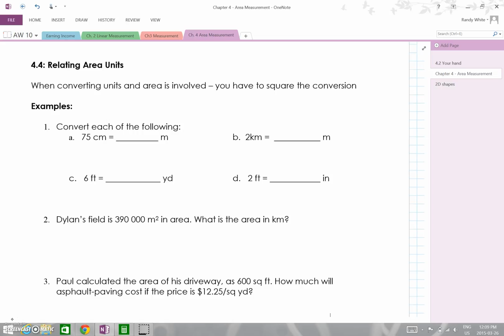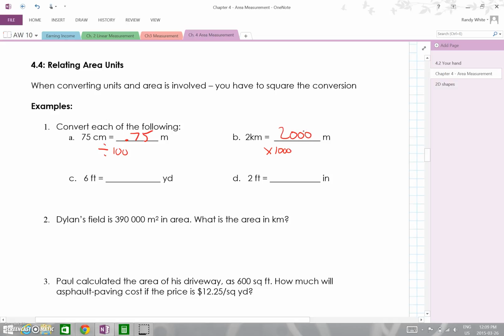So 75 centimeters. I want to know what that is as a meter. Well, I know there's 100 centimeters in a meter. So I will just simply have to divide that by 100, which is 0.75 of a meter. 2 kilometers. Well, I know that there is 1,000 meters in 1 kilometer. So I'm going to have to multiply that by 1,000, and that will tell me that is 2,000 meters.